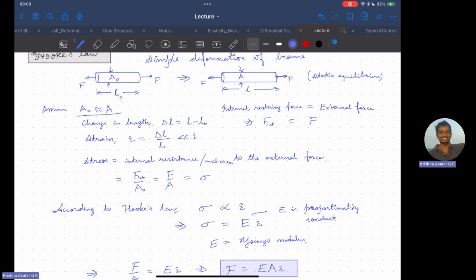Typically, in more precise terms, we would call it Cauchy stress since we are dividing by A. But since we consider A to be very close to A naught, it's as if we are referencing force to the original configuration, and then we can call it second Piola-Kirchhoff stress.